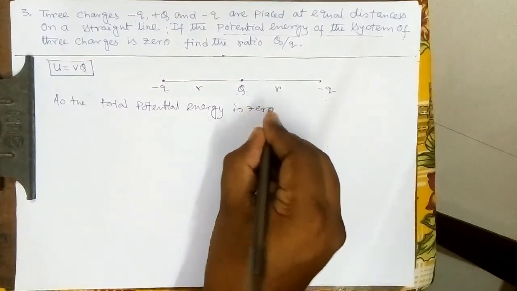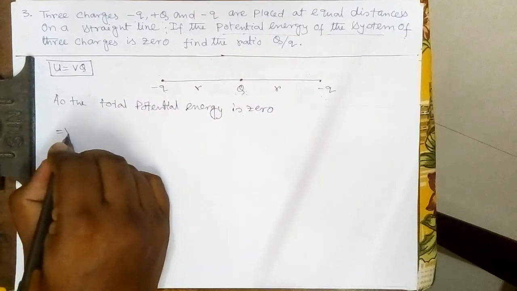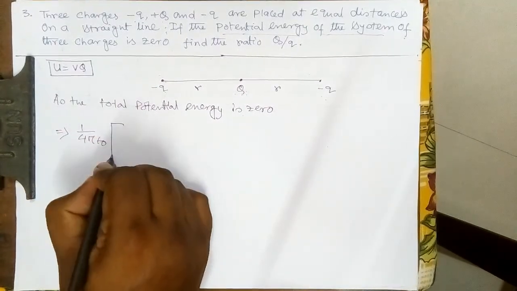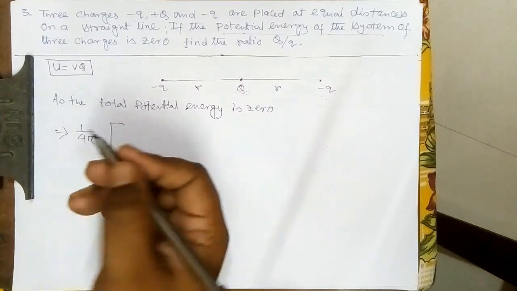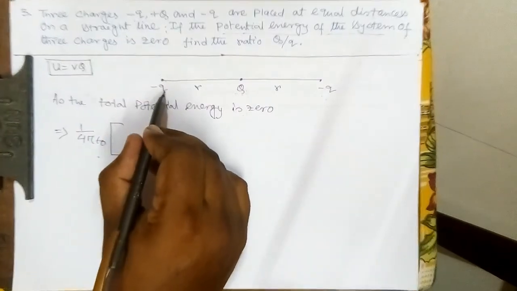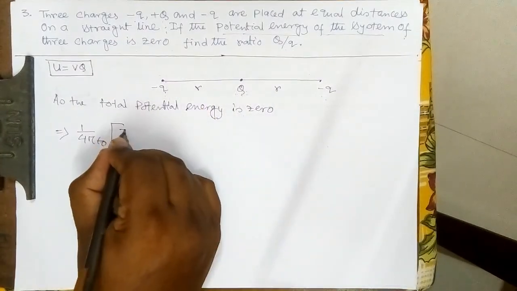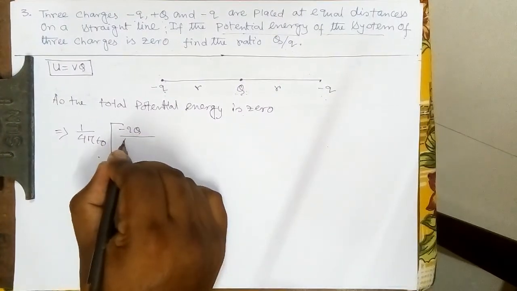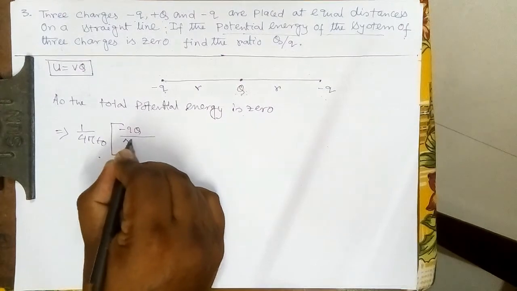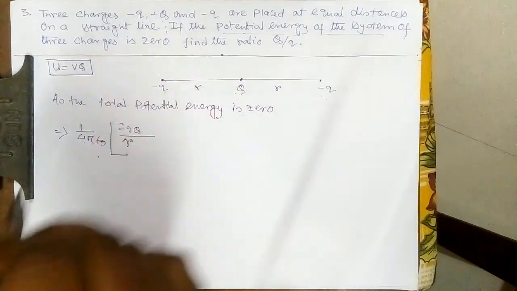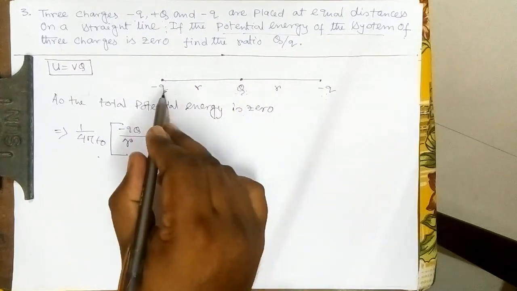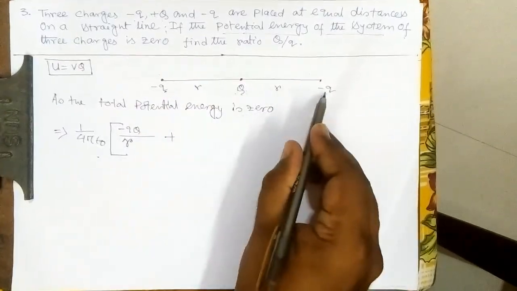It is already told, so we have to write 1 by 4 pi epsilon naught, and take it common because it will come every time. So first for minus q and capital Q: minus q into capital Q by 4 pi epsilon naught, already taken, so only r, the distance between them, plus the distance. Now I have taken this charge and this charge.